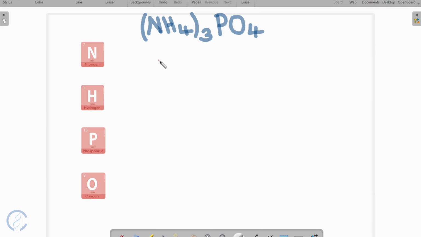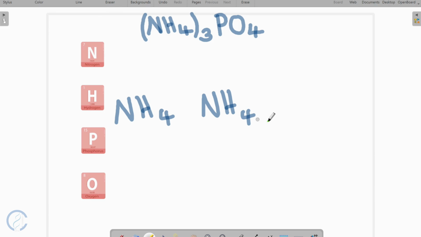Finally, let's determine the relative formula mass of ammonium phosphate. In ammonium phosphate, I have 3 species of ammonium. If I have 3 species of ammonium, it means I have 3 atoms of nitrogen and 4 plus another 4 plus another 4, which is 12 atoms of hydrogen.